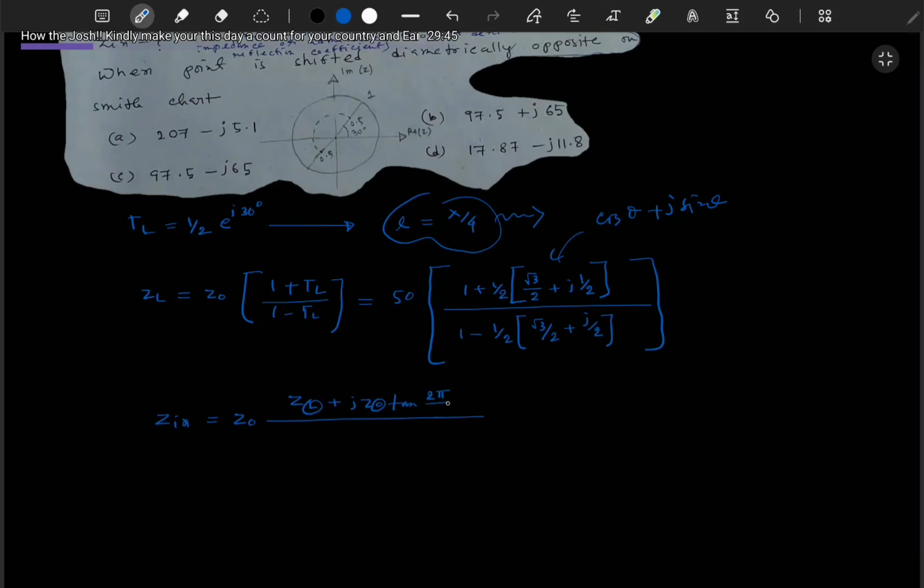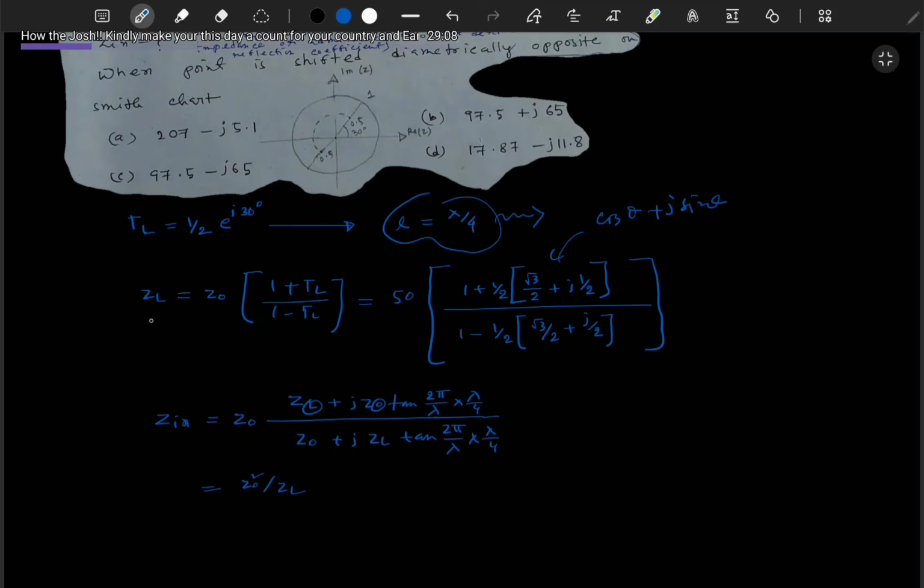Then βl is 2 pi by lambda into lambda by 4. So here we can get Z0 squared by ZL.